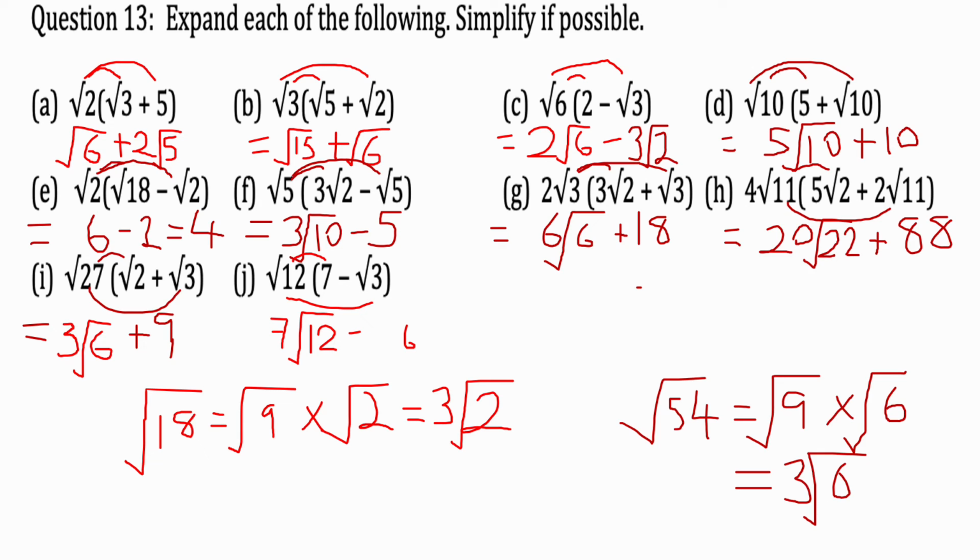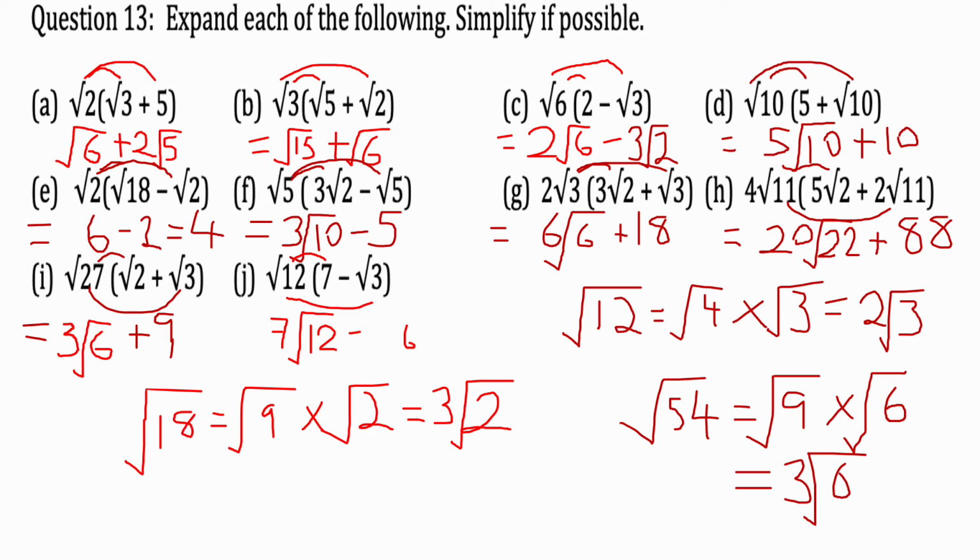Okay, and root 12 does simplify, so root 12 is root 4 times root 3. So the square root of 4 times the square root of 3. Root 4 simplifies to 2, because 4 is a square number, so it's 2 root 3. And then reintroducing that 7 at the front, I'm going to have 7 lots of 2 root 3, so it goes to 14 root 3.